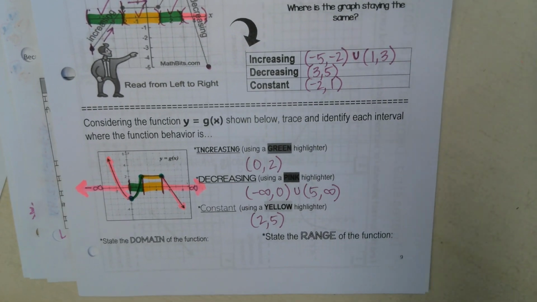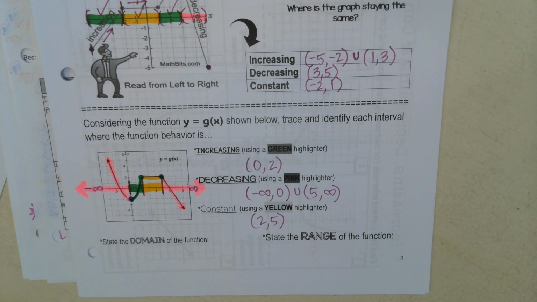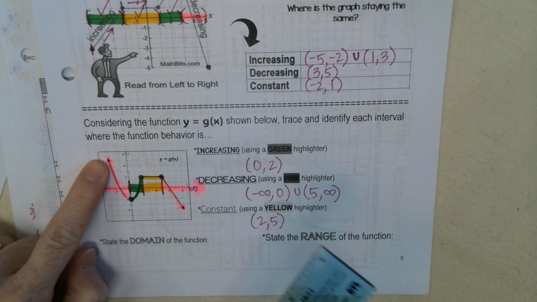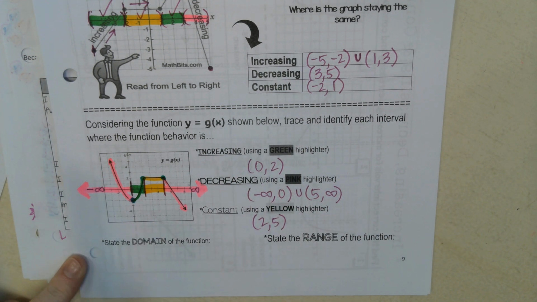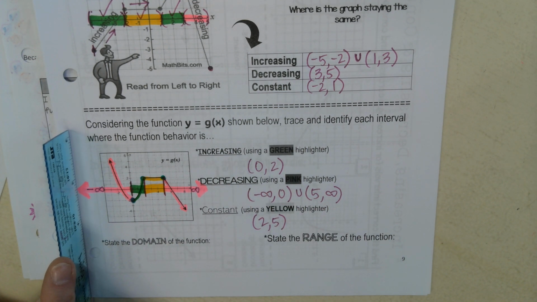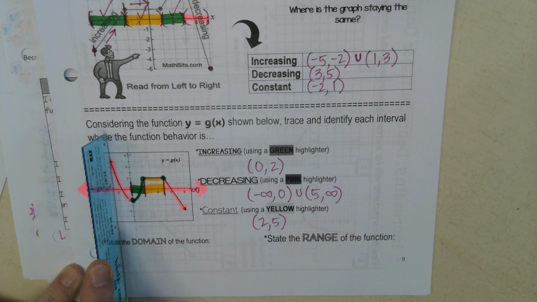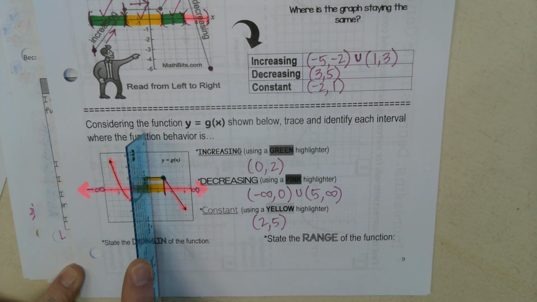All right, now let's talk about domain and range, because domain and range is what we talked about the last 2 days, okay? The domain is any x values that are covered on my graph. Now, as I trace this graph from left to right, there's an arrow indicating that it's continuing on, right? So as I read my graph from left to right, is there any break in my graph?